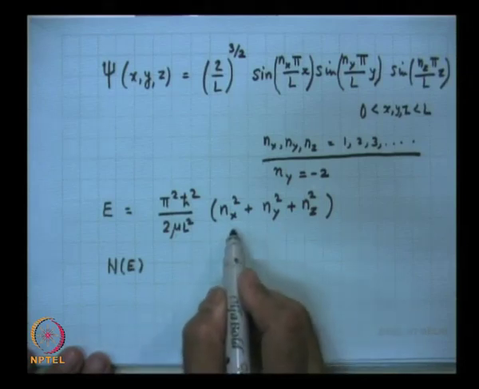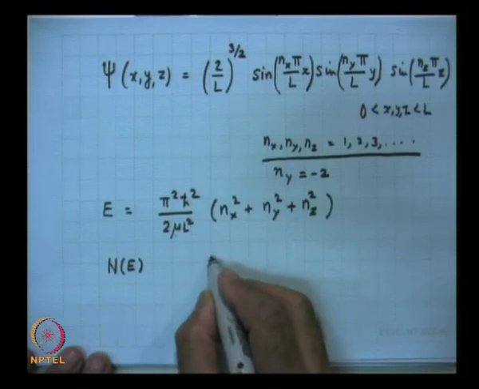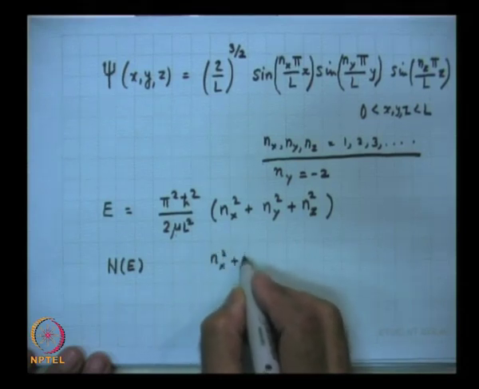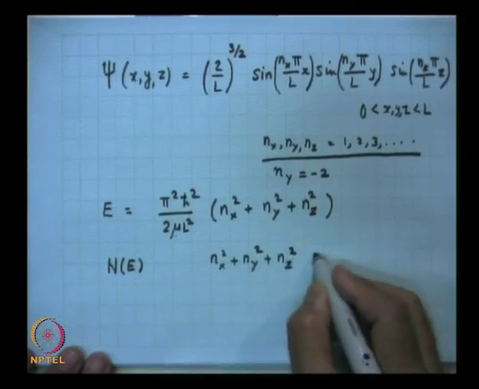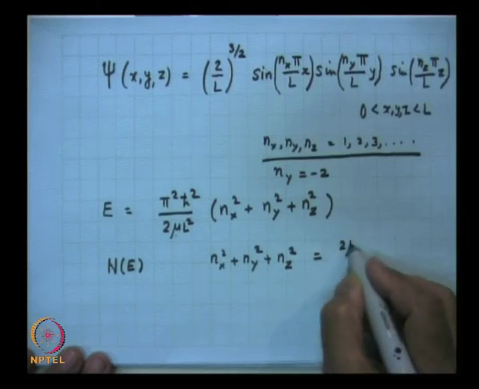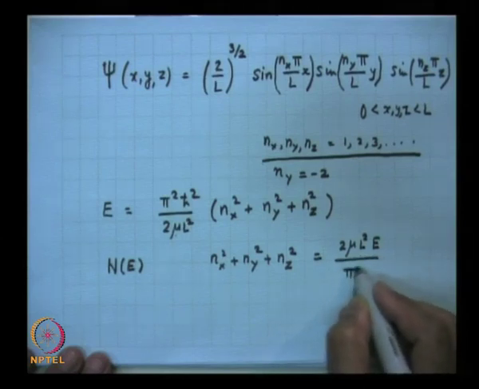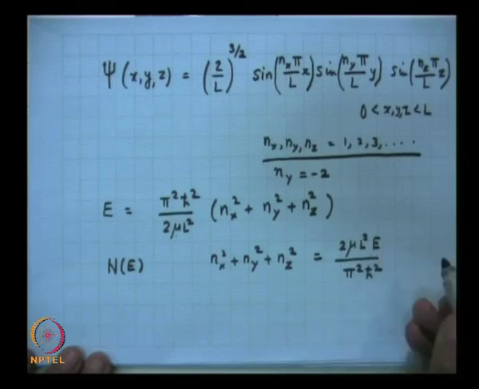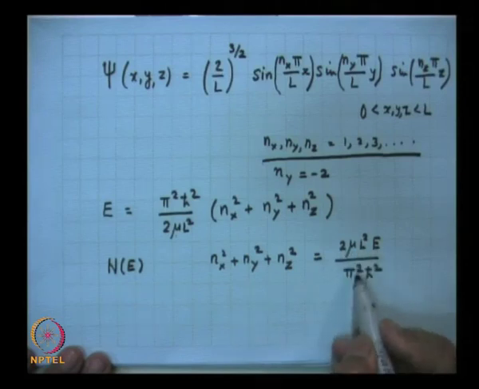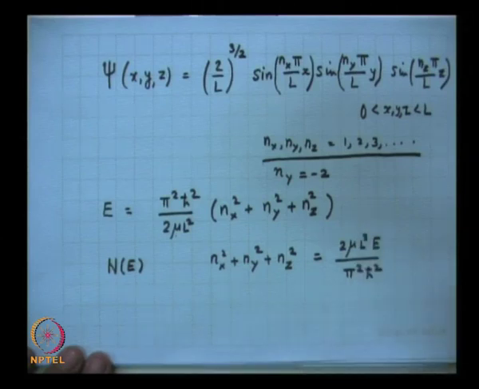So, therefore, I rewrite the above equation like this: n x square plus n y square plus n z square is equal to 2 mu L square E by pi square h cross square. So, let us suppose I put E equal to say 10 MeV. Then for given values of mu, L, h cross, this right hand side is a number, a dimensionless number.